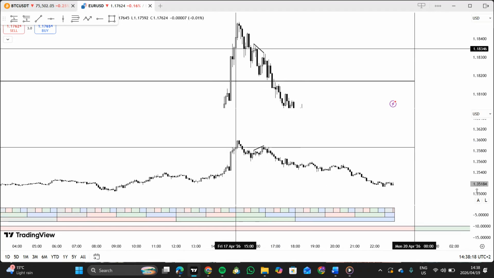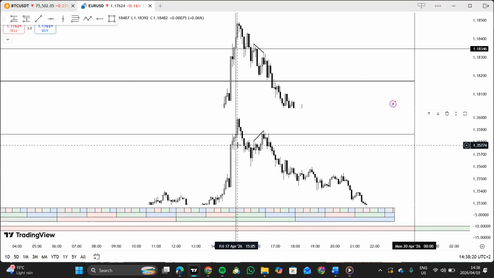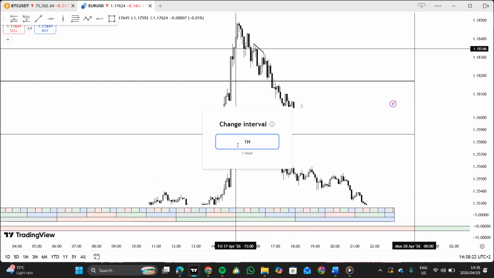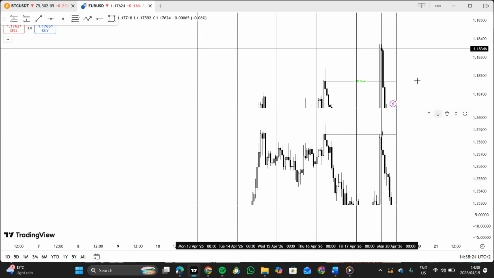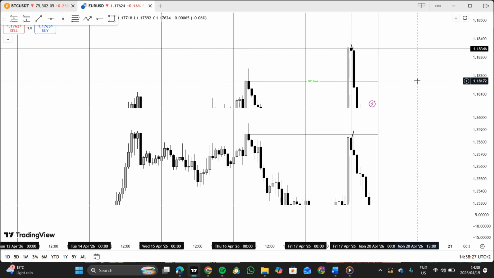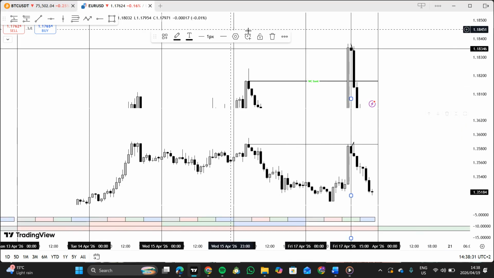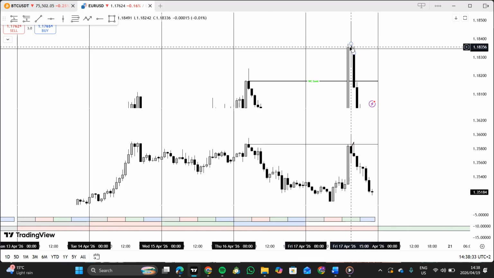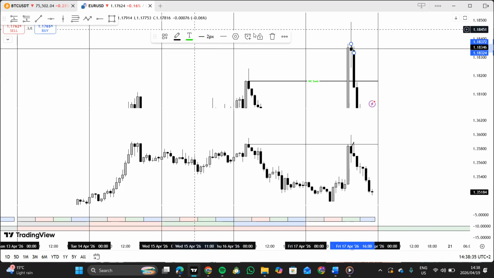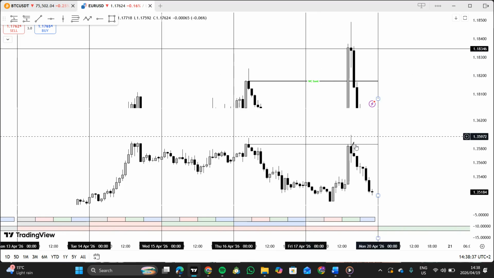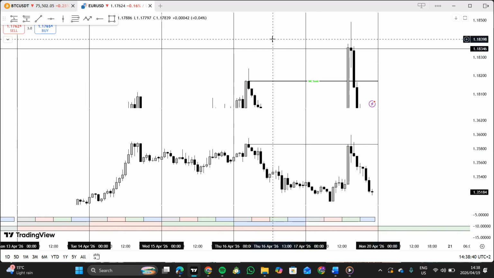So you could have taken your entries right here at this point, right over there, and you could have taken the market to the downside. So those were the entries on the Forex trades last week, which was the second week of the month.